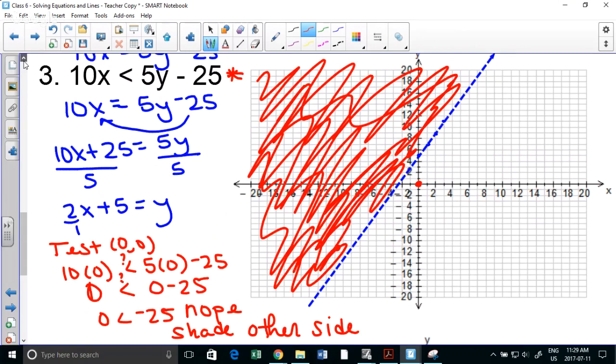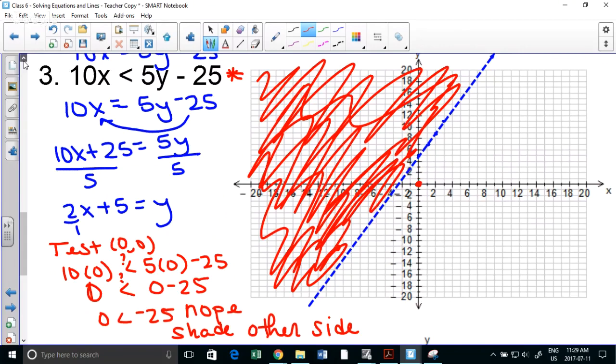So I pick any point in the whole Cartesian plane and I test that point. Does it give me a true inequality or a false inequality? If it gives me true, I shade that half where the point is. If it gives me false, I shade the other half where the point is not.